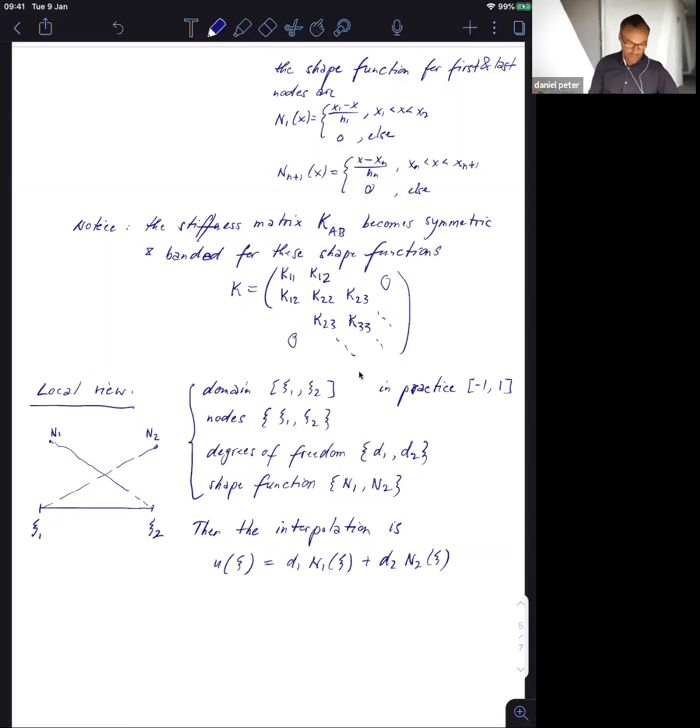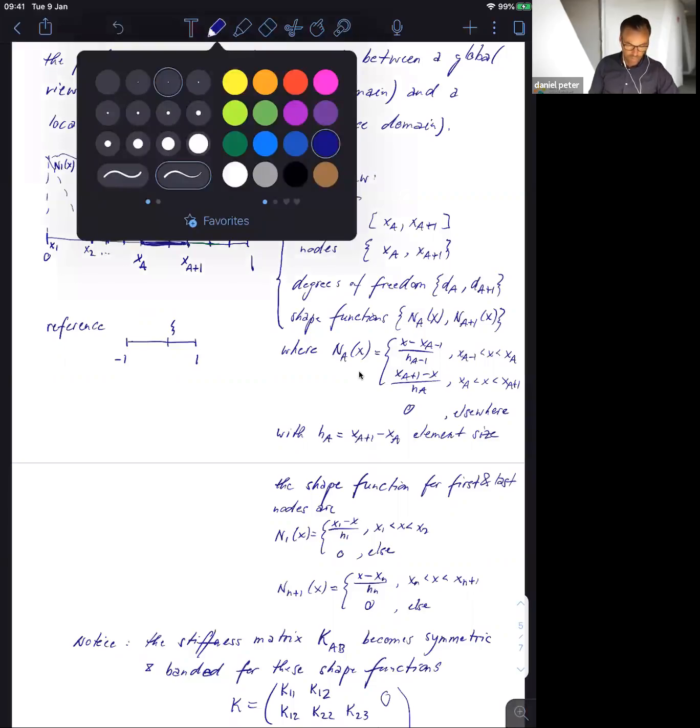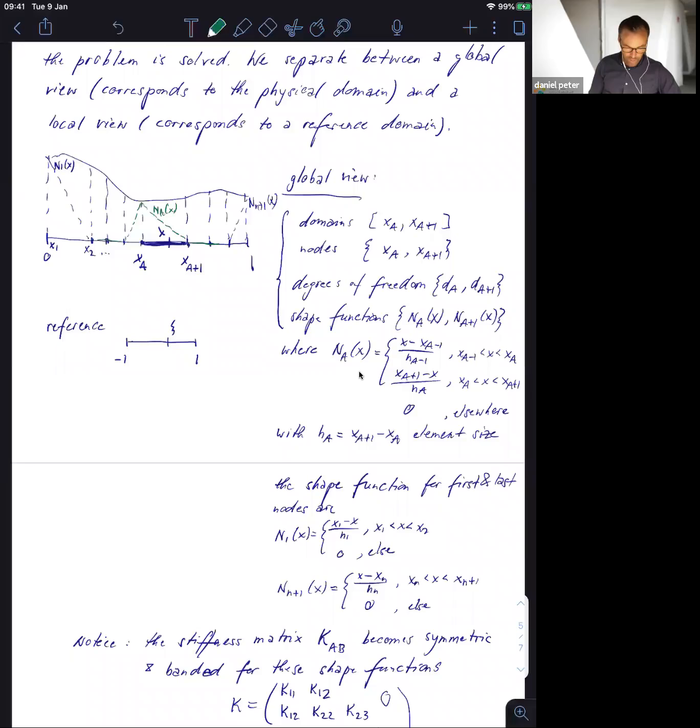So what we need now is a mapping that maps position X to the corresponding position xi within the reference element. So that's our mapping, basically. If you want, that goes from X to xi.